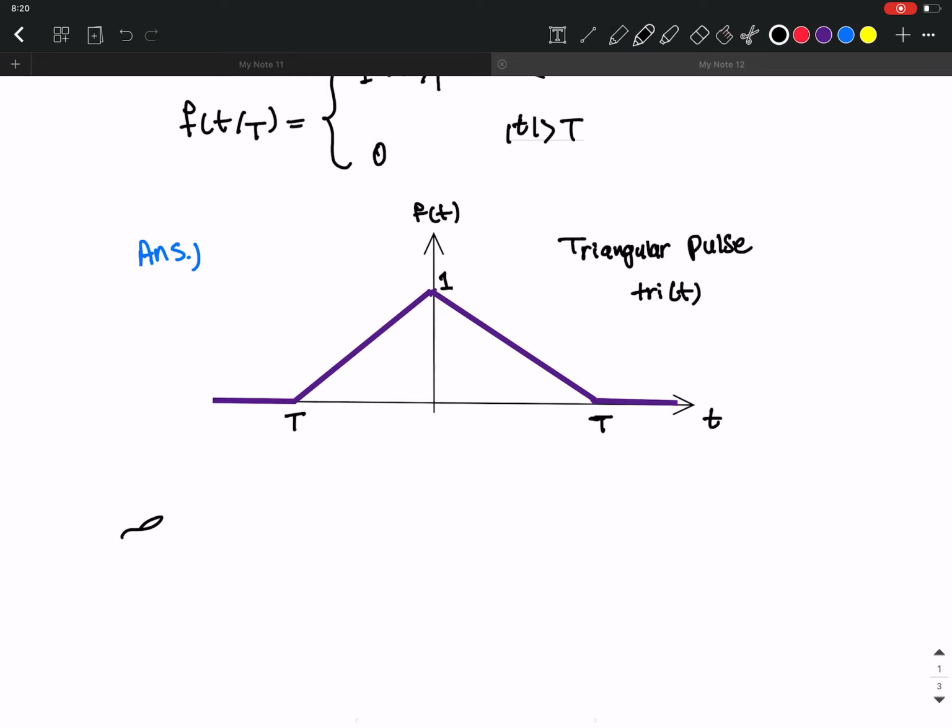So the Fourier transform of f is gonna be the integral from minus infinity to infinity, based on our definition, of e to the i beta t f(t) dt, right?